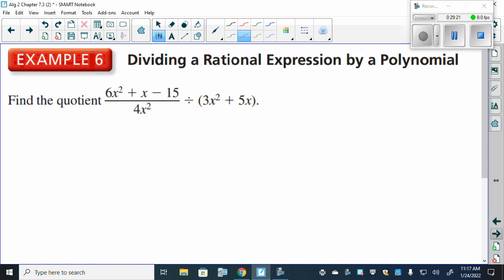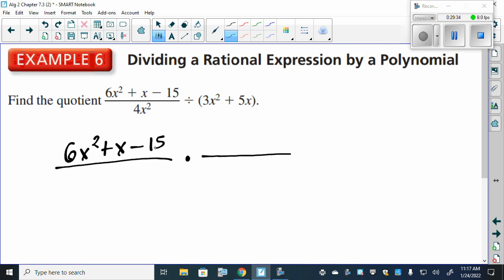Now, our first step is not going to change, because we're still going to change it from division to multiplication. On top of the first, we'll have 6x squared plus x minus 15 over 4x squared. And the numerator for the second one would be 1 over 3x squared plus 5x.